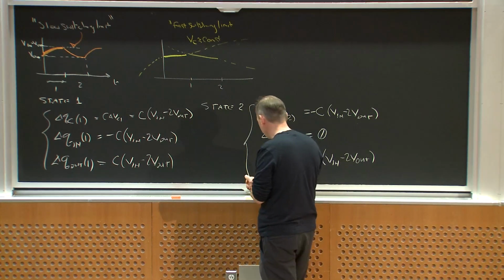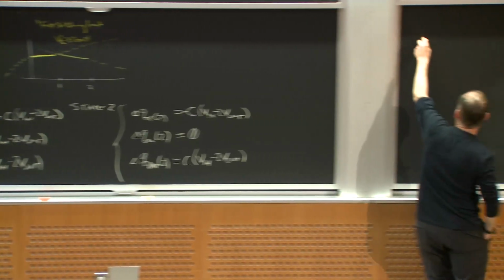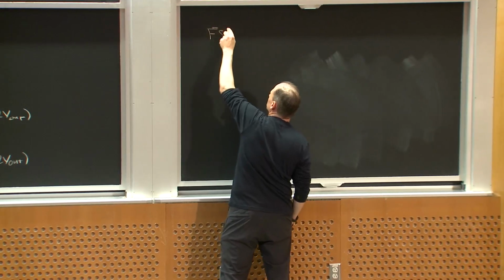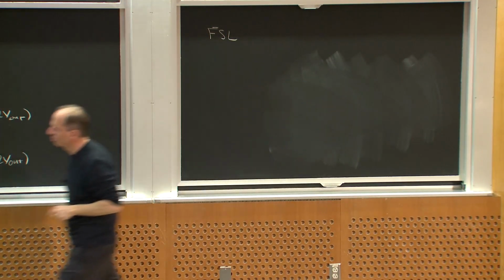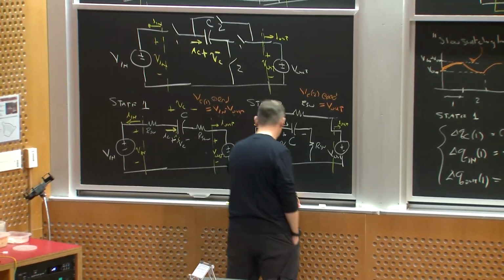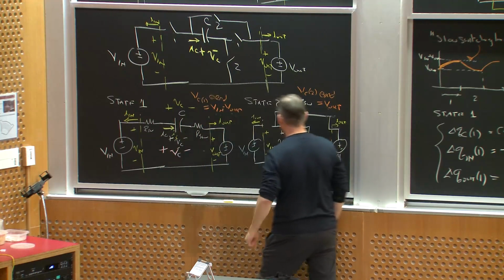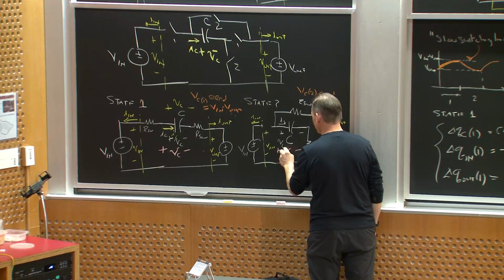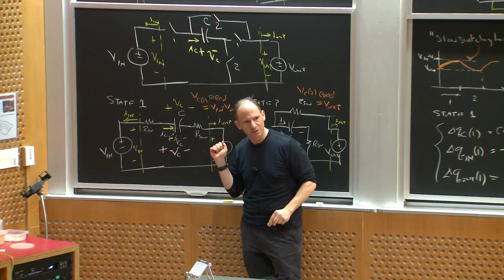So let's think about what a converter would do in the fast switching limit, the FSL. I'm going to mentally replace this capacitor with just a fixed voltage, VC, and in this other state it's also a fixed voltage, VC. The only thing I need is the net charge that goes into VC over a cycle to be 0.